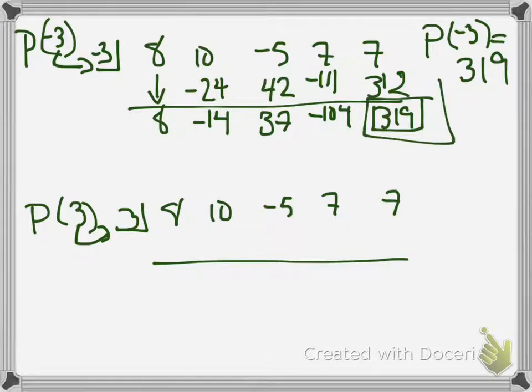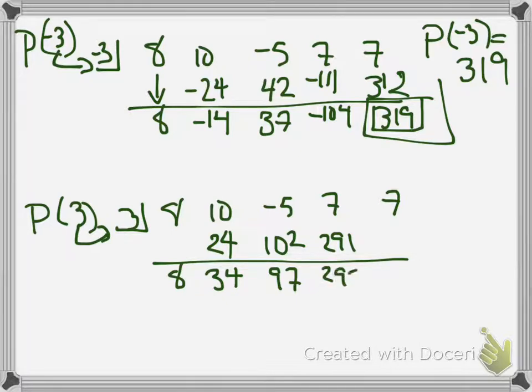Okay, so let's look at this one. This one is 8 again, 24, 34. 34 times 3 is 102. 102 minus 5 is 97. 97 times 3 is 291. 291 plus 7 is 298. 298 times 3 is 894. 894 plus 7 is 901.